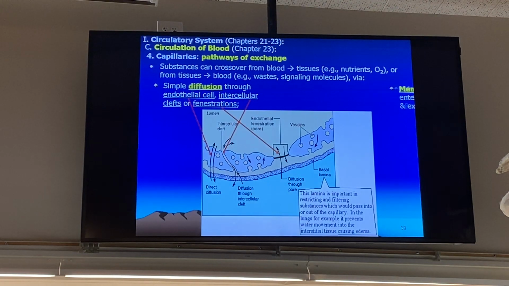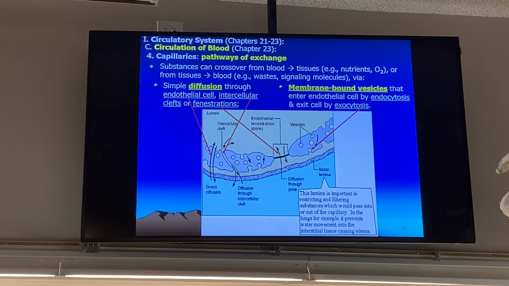Now this is showing you how things can get in and out of the capillary. Make sure you pay attention to this. On the left diamond, there are three ways to do diffusion. You can diffuse straight through the endothelial cell, but you have to be able to cross the lipid bilayer.